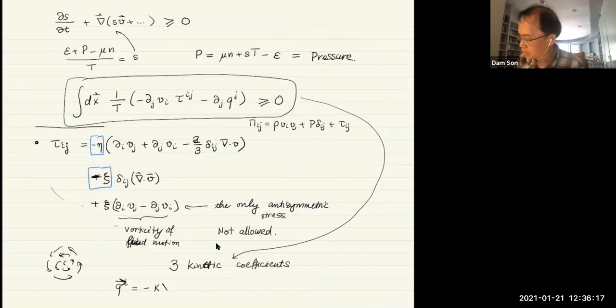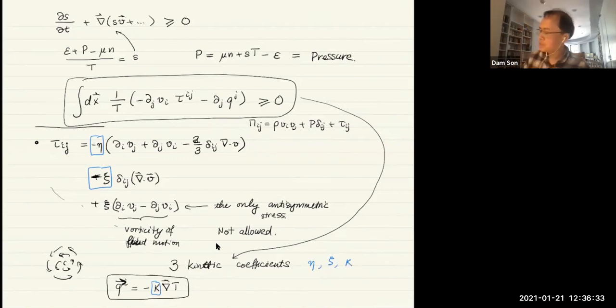So it is Q. And here is my third equation. So this is eta, zeta, kappa, 3 kinetic coefficients.